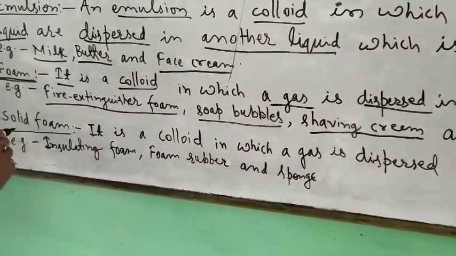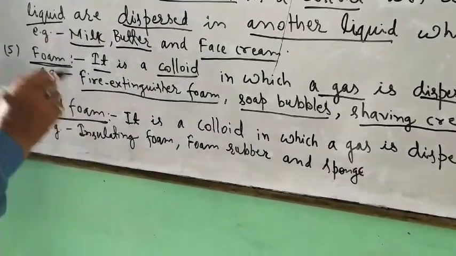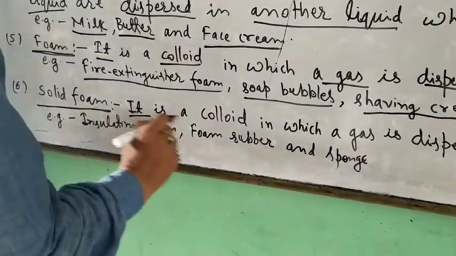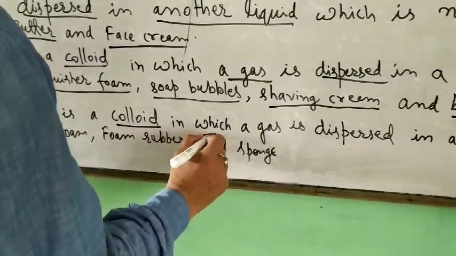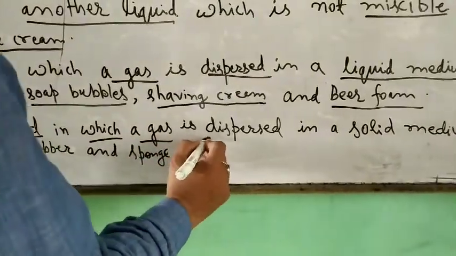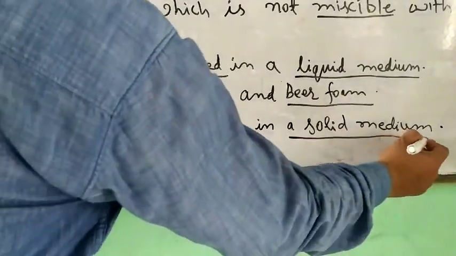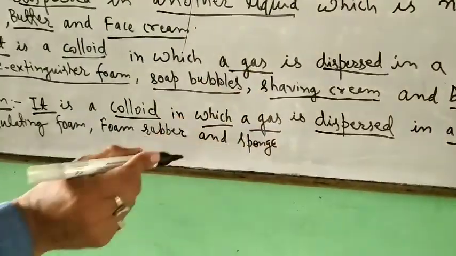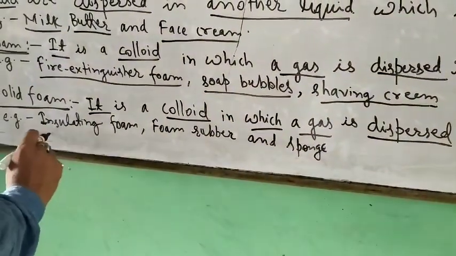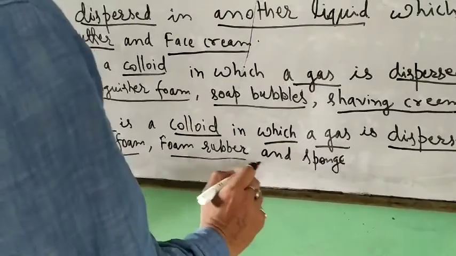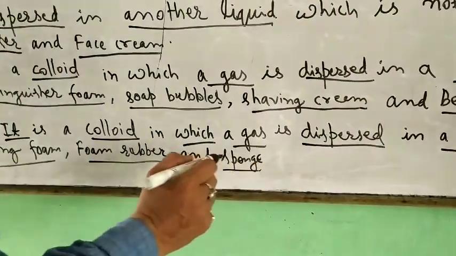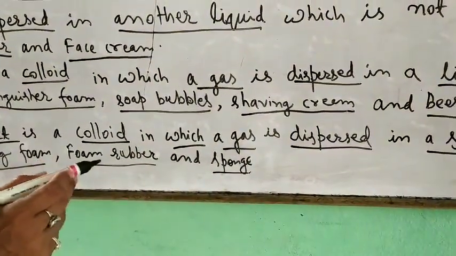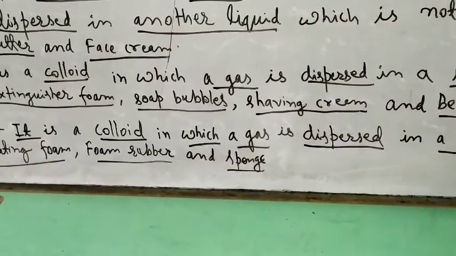Now we have to explain solid foam. It is a colloid in which a gas is dispersed in a solid medium. For example, insulating foam, foam rubber and a sponge, in which air is dispersed in a solid medium.